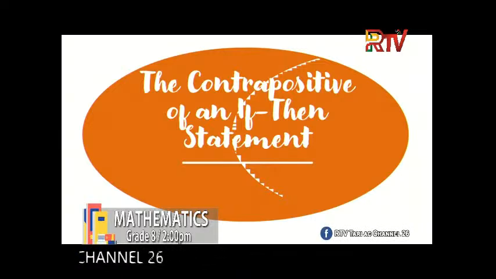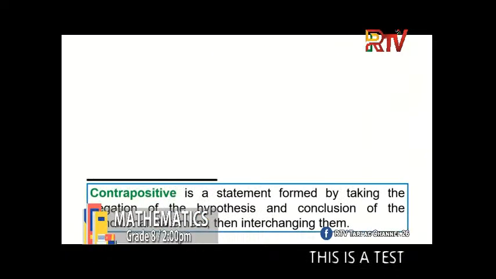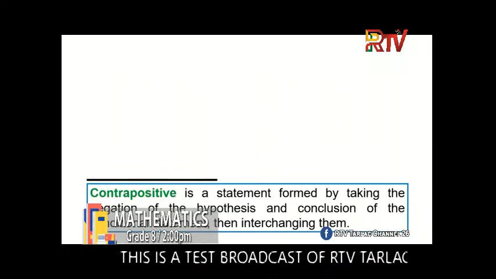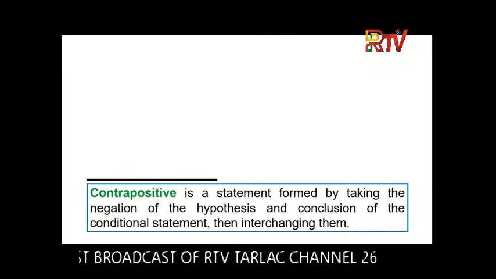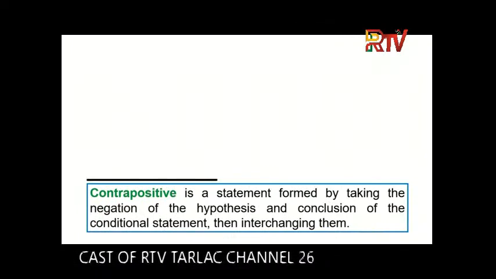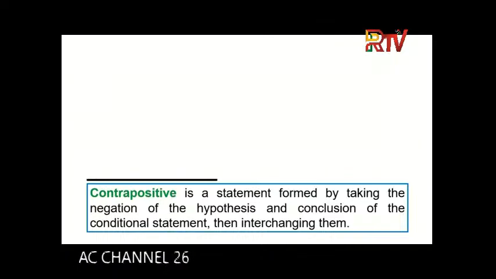The definition on page 21 states that contrapositive is a statement formed by taking the negation of the hypothesis and conclusion of the conditional statement, then interchanging them. I will give you time to analyze that statement or definition.